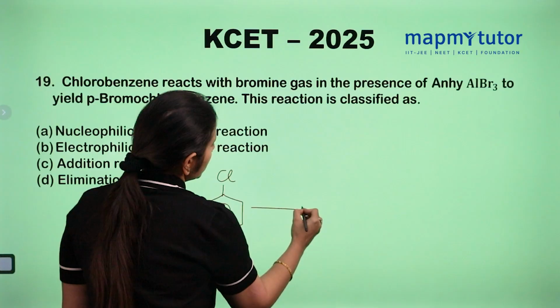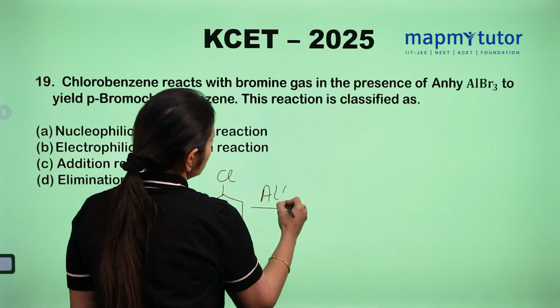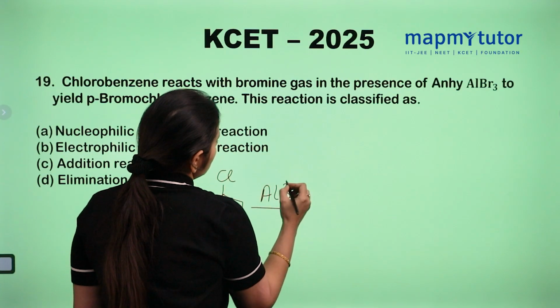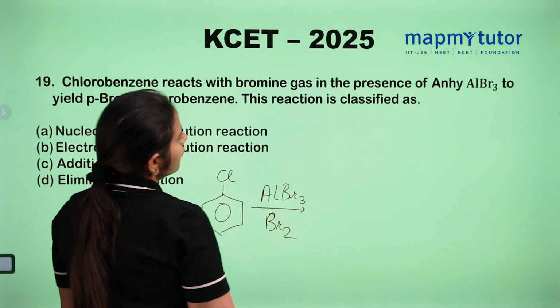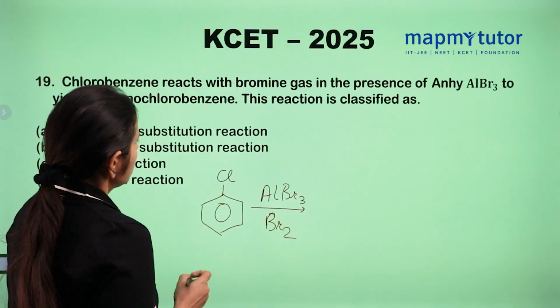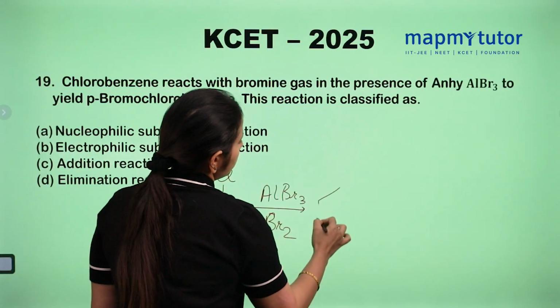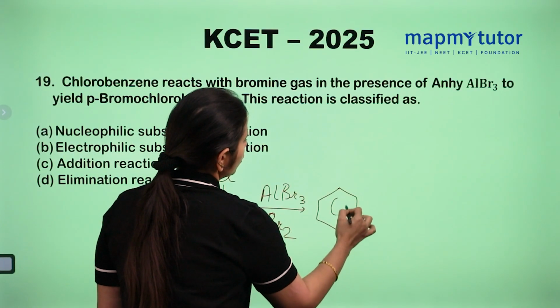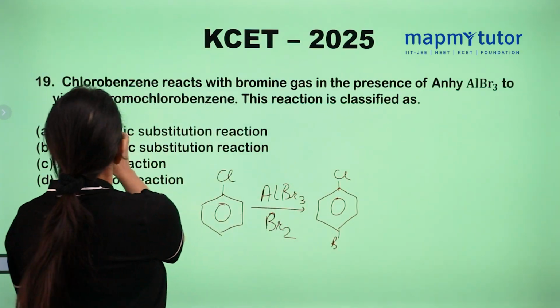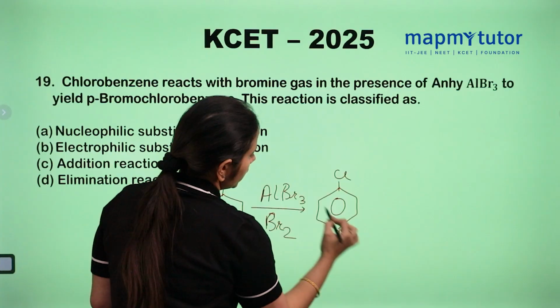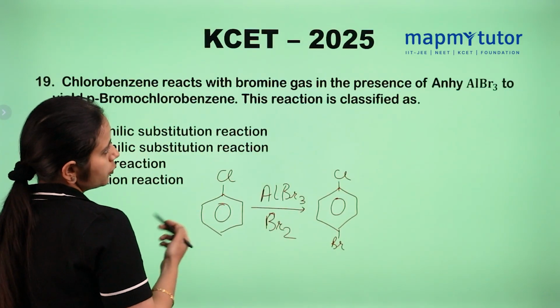When it reacts with bromine gas, what will happen? It will give para-bromochlorobenzene.